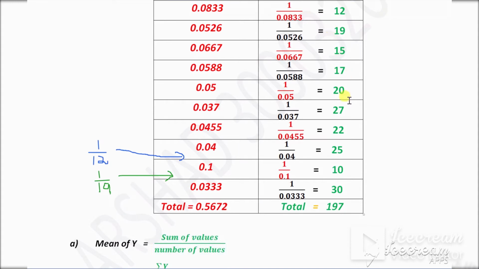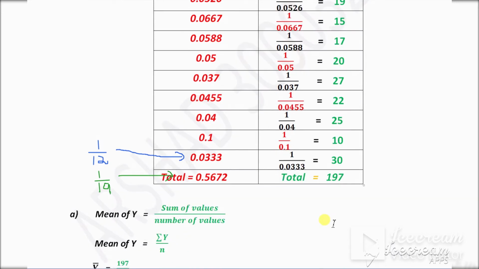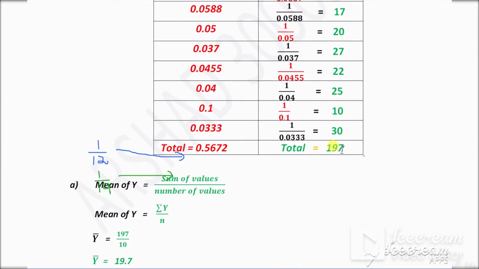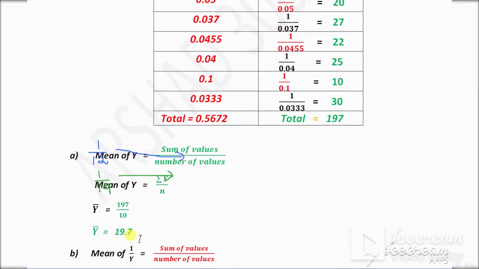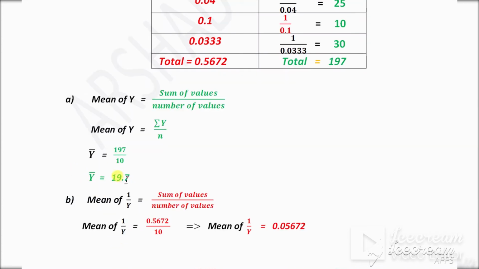So the sum of values is 197, summation y over n, and the number of values is 10. Divided by 10 we will get 19.7. So the mean of this green y is equal to 19.7.